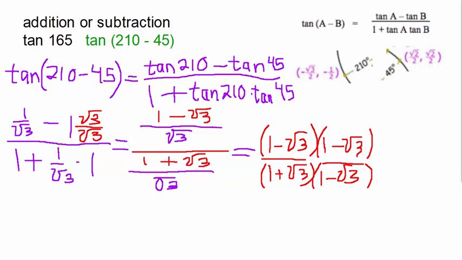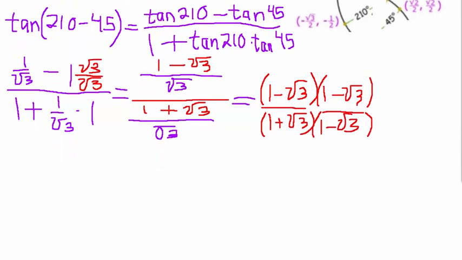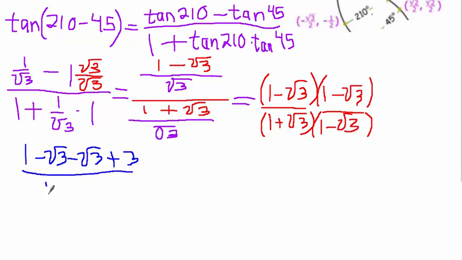Numerator FOILs, denominator, insides and outsides cancel. So numerator, firsts, outsides, insides, lasts. Denominator, firsts, insides, outsides cancel, lasts.